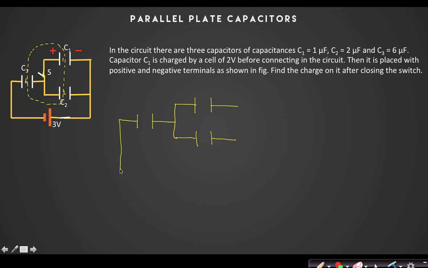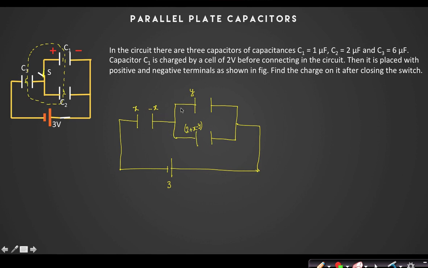Now I will assume the final charge and I will write the KVL equation. Okay, so this is the circuit now. Let us assume the charge on this is X, so that will be minus X. Suppose this charge is Y. So what will be the charge on this lower plate? 2 minus Y plus X, it will be 2 plus X minus Y, because the total charge on these three plates should be 2 microcoulomb.